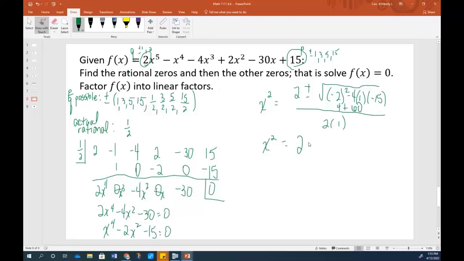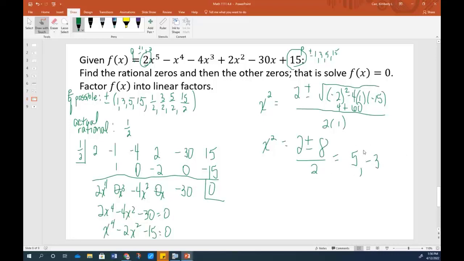So we end up with 2 plus or minus, now the square root of 64 is 8, over 2. So what are the 2 answers we get here? We get 2 plus 8 is 10, and 10 divided by 2 is 5. 2 minus 8 is negative 6, and negative 6 divided by 2 is negative 3.